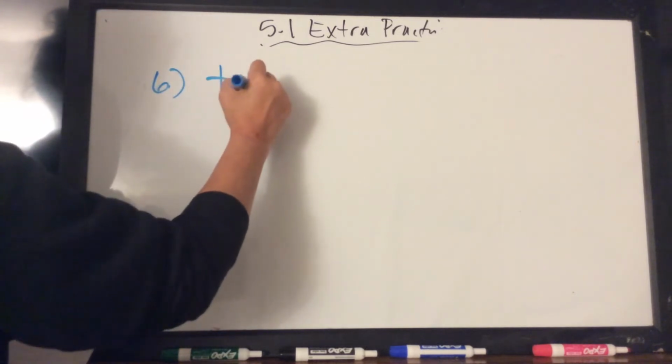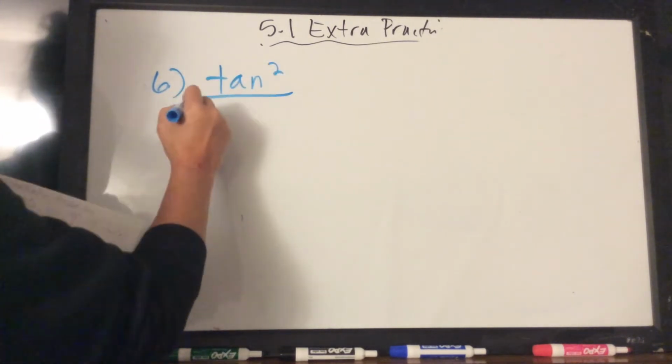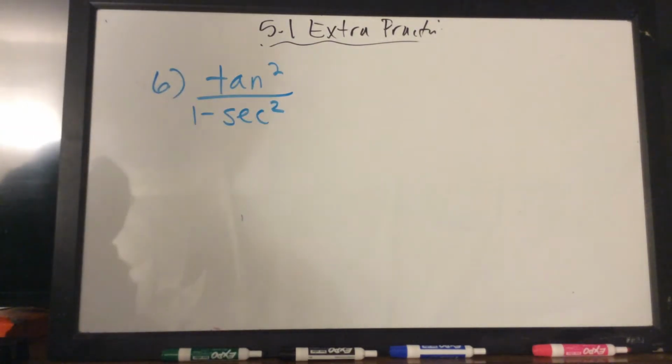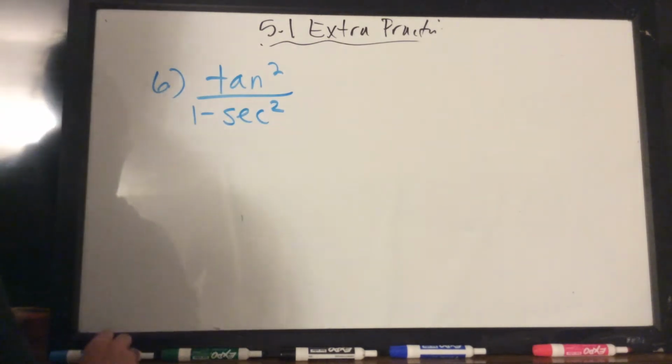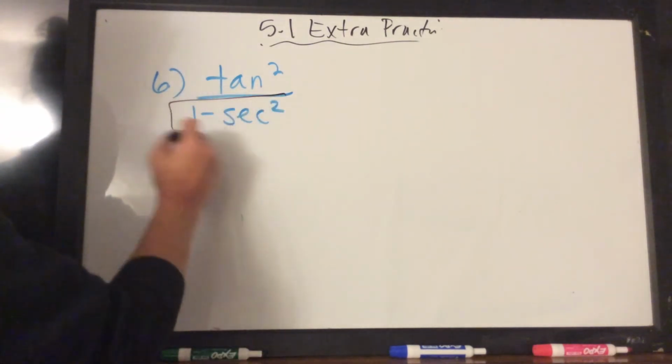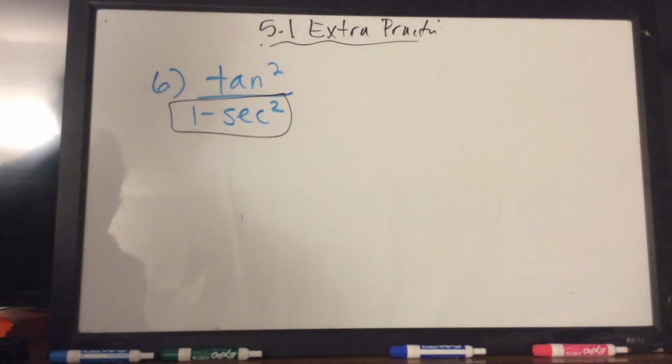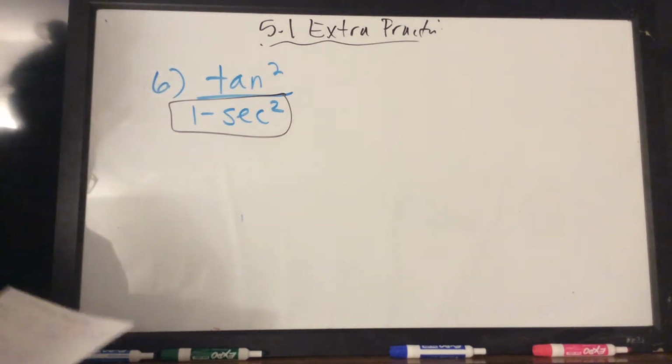Number 6. Tan squared over 1 minus secant squared. All right, so again, you want to look for Pythagorean identities, guys. This one right here, you've got to see a 1 and the fact that it's squared and go to your Pythagorean identities. 1 minus secant squared, it's backwards, okay?